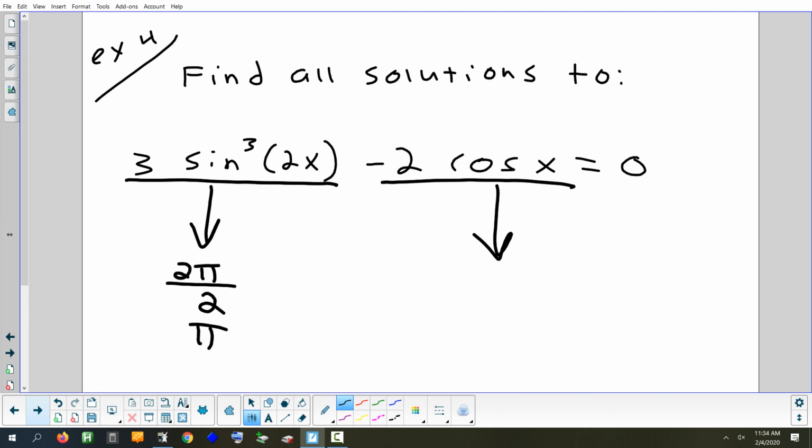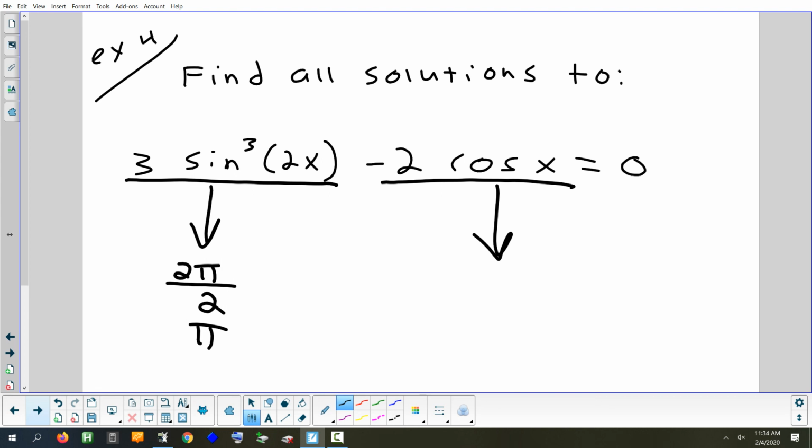What's the period of cosine x? Just basic cosine. Do you have your formulas? Did you write them down?